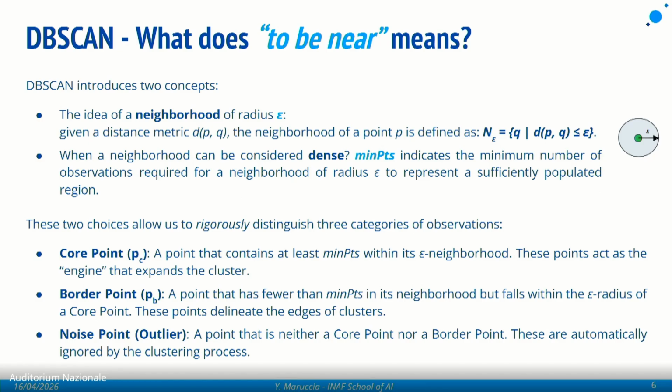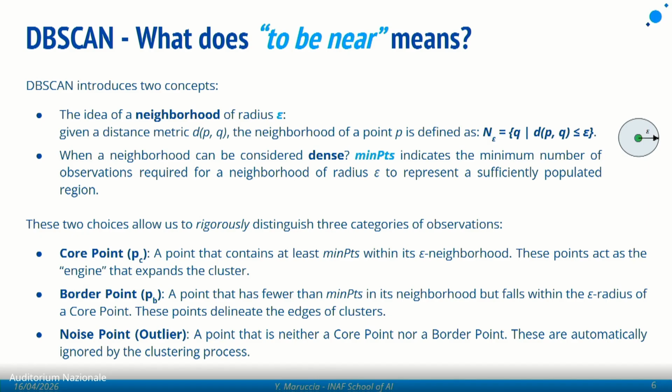We don't need the number of clusters a priori, but we need other parameters. In particular, DBSCAN introduces the concept of the radius epsilon, and it is based on a distance metric.